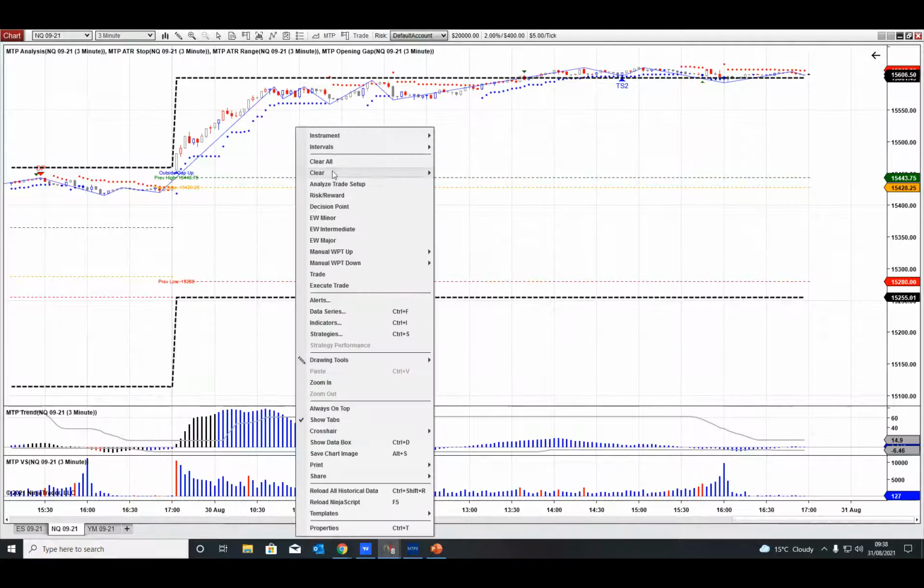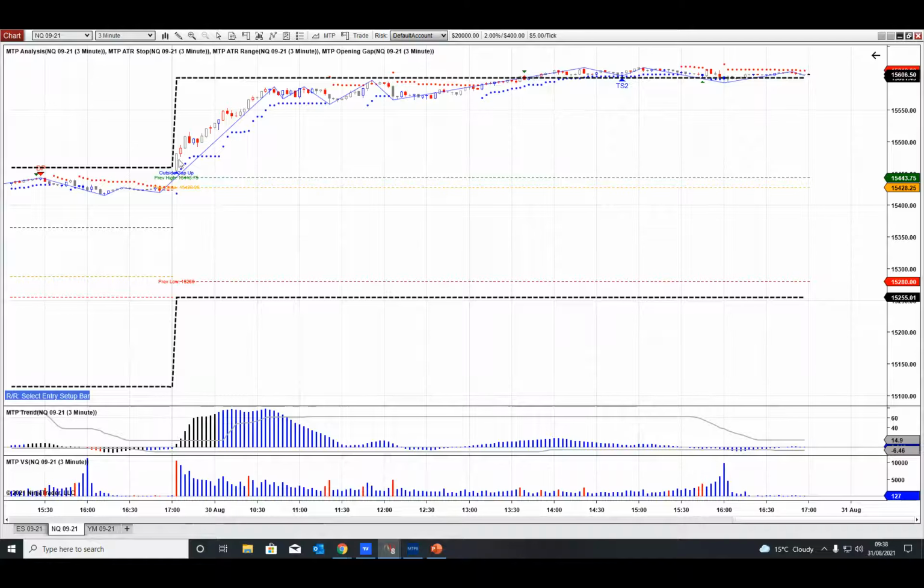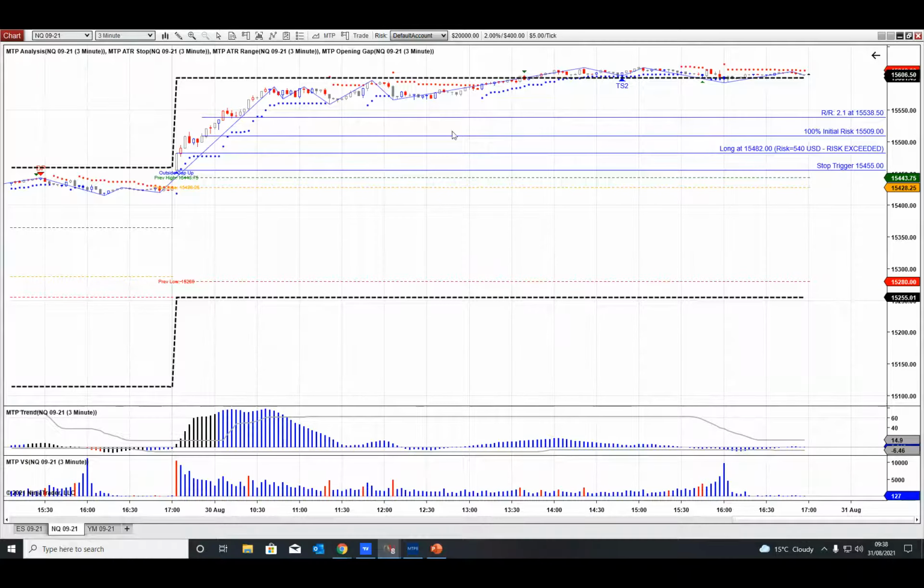And then you can simply look to do a trade setup in and around the break of the first 3-minute bar, as long as a risk reward of potentially 2R, or twice the initial risk, is less than that level of the average true range.